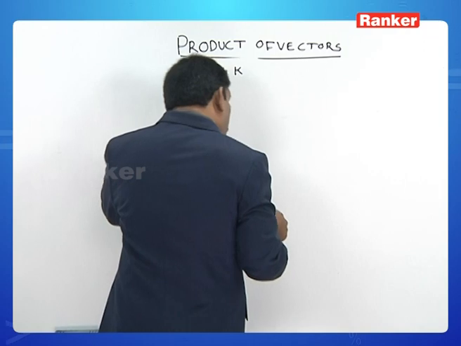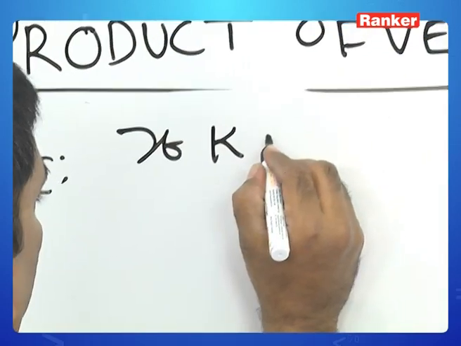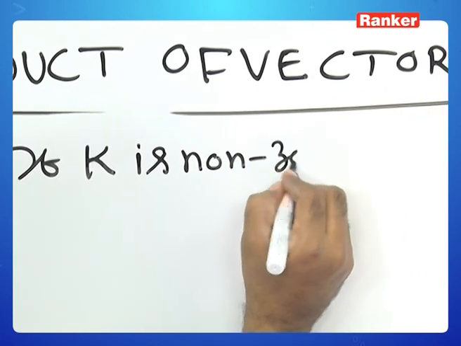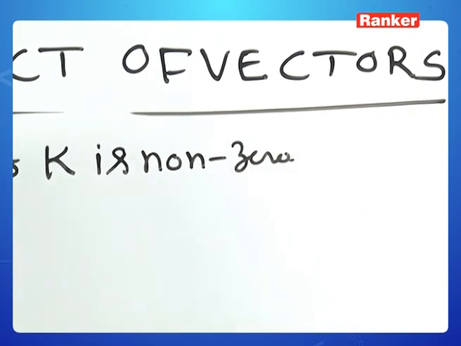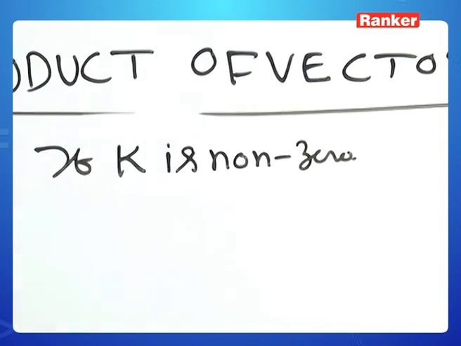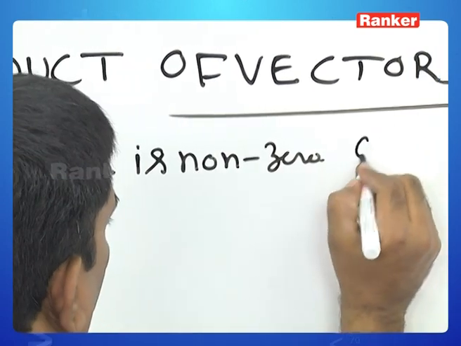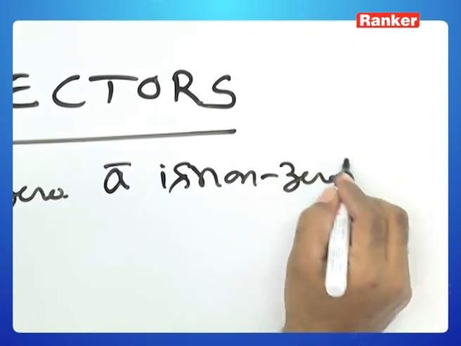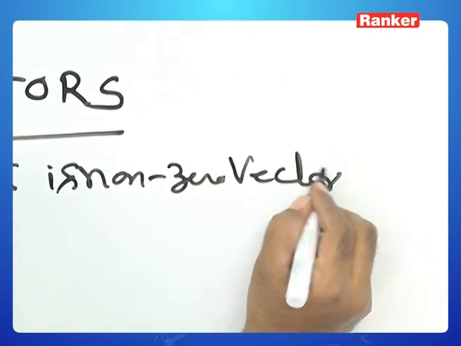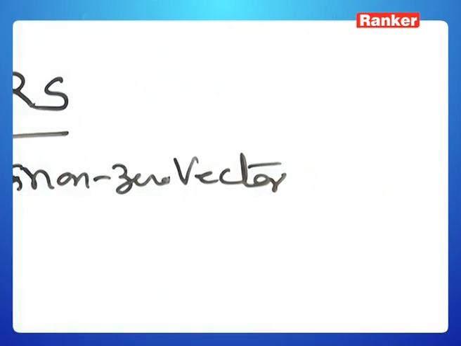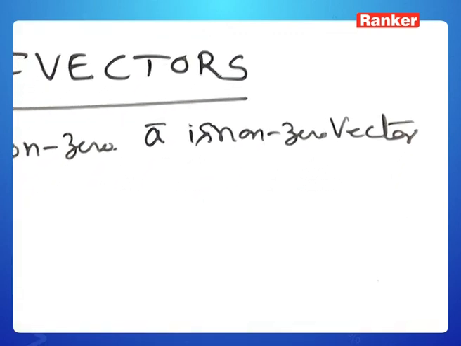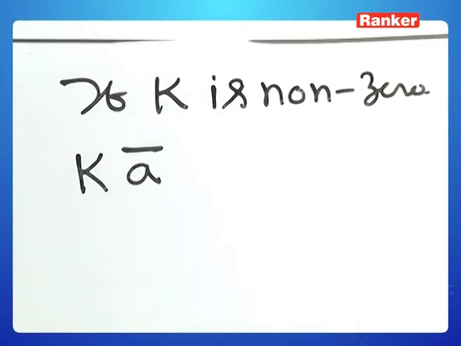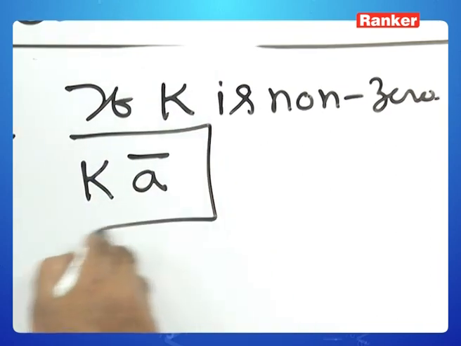If K is a non-zero scalar, and A bar is a non-zero vector, then K A bar is a scalar multiplication of a vector.